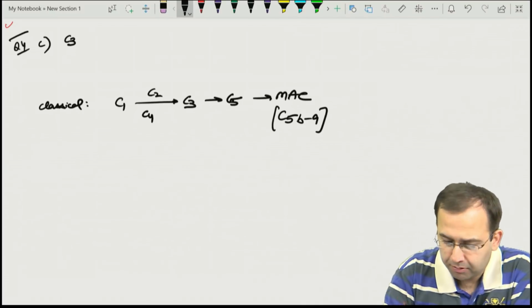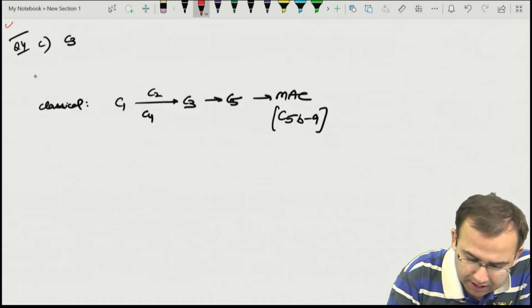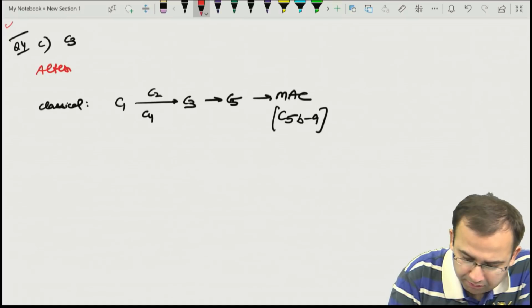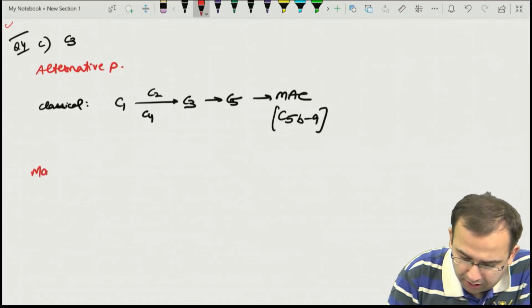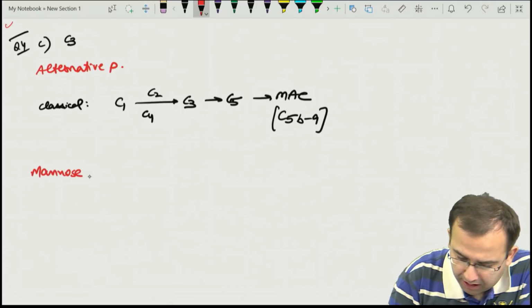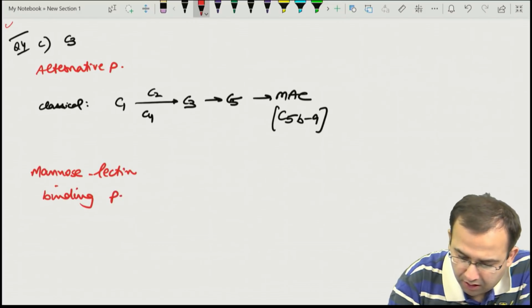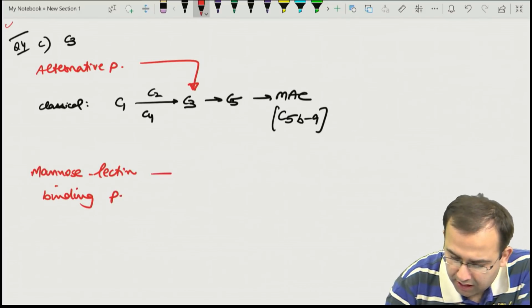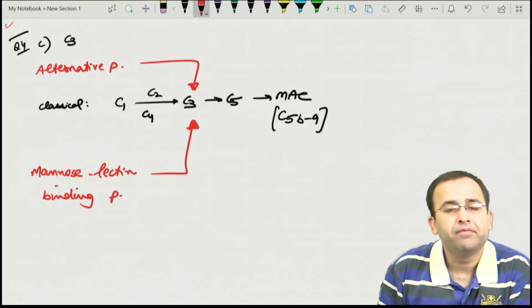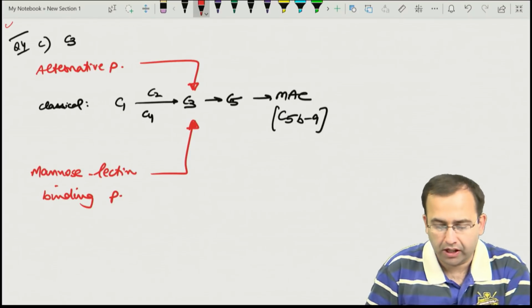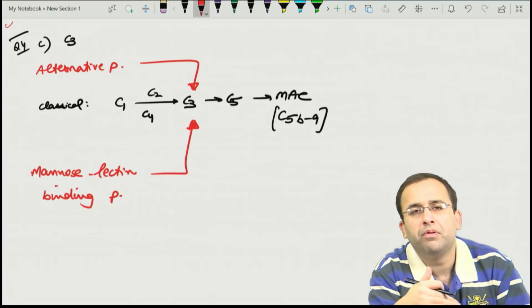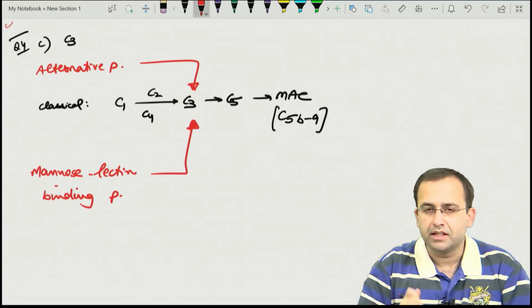Next are the alternative and mannose-lectin binding pathways, which converge directly on C3. So the answer to the question is C3.